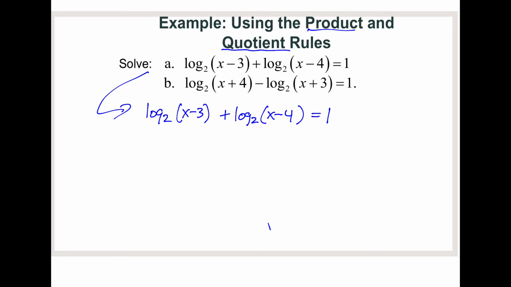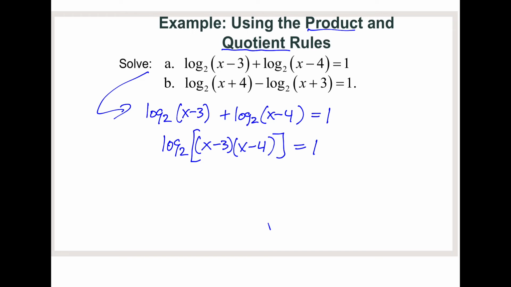If I rewrote this using the product rule, this would be log base 2 of x minus 3 times x minus 4, equaling 1.